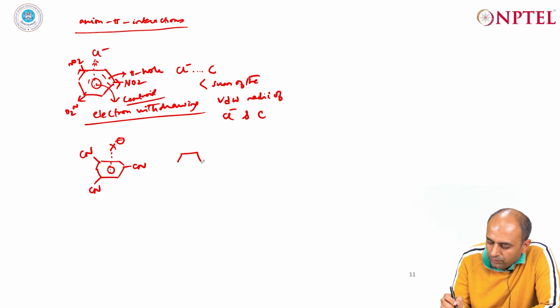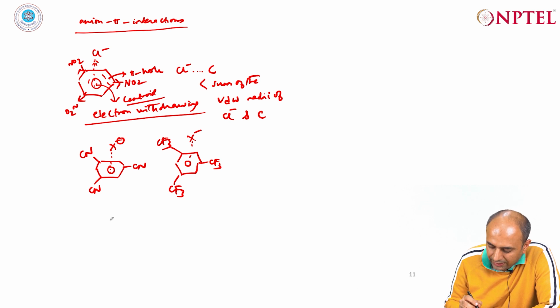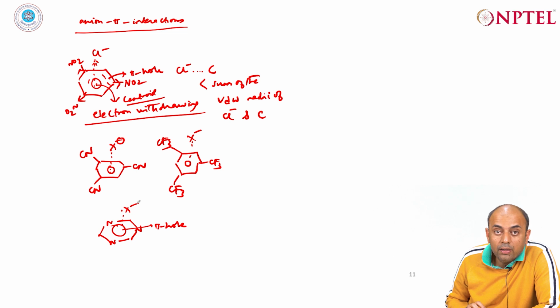You can also have trifluoromethyl groups which are highly electron withdrawing and can interact with X minus. You can also have triazenes, and there is a pi hole here, and that can also interact with the halogens, the halides, and any anionic species can interact favorably with these.